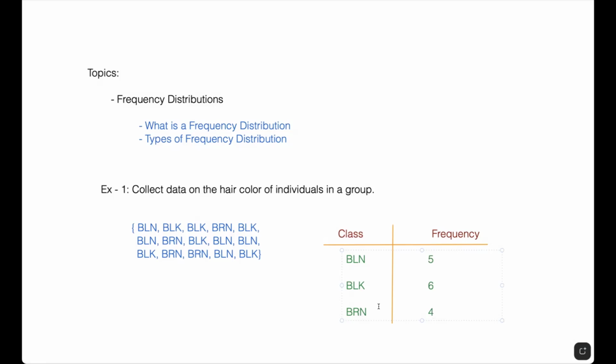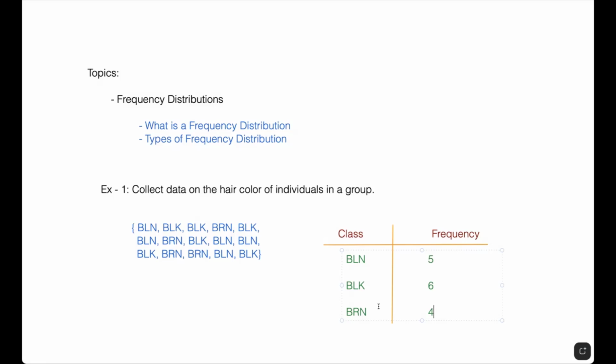And so the above table actually shows the categories or groups and their corresponding frequency of occurrence in the collected data. And these groups are called classes, and the number of occurrences of each class in the data collected is called the frequency of the class, or the class frequency, right?